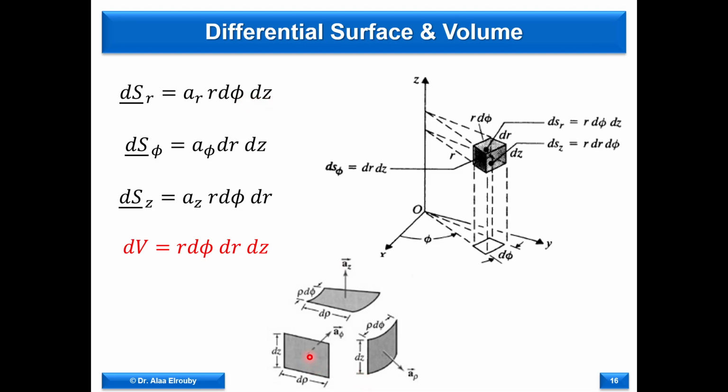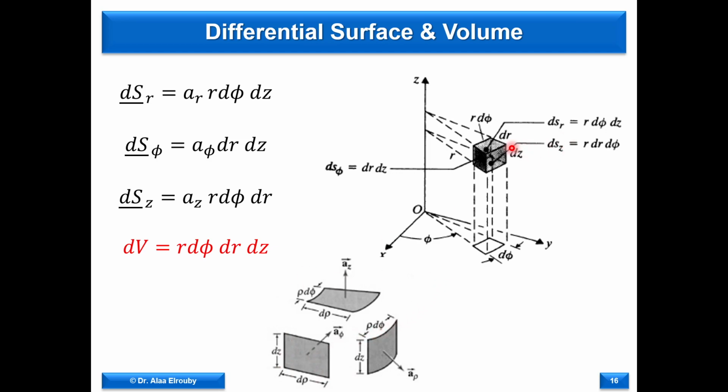For this surface, we are talking about the surface that is going outside. The A phi surface is actually the back side of what you see. It's the surface on the other side of the screen, the inner side of the screen. Its edges are dz and dr. Its direction is in the A phi.